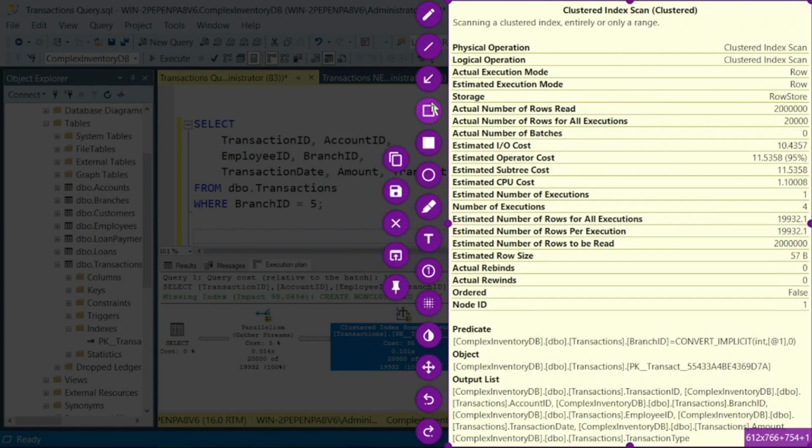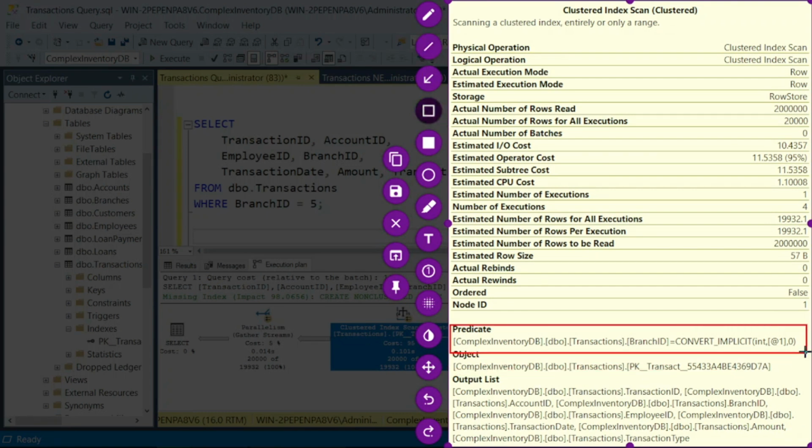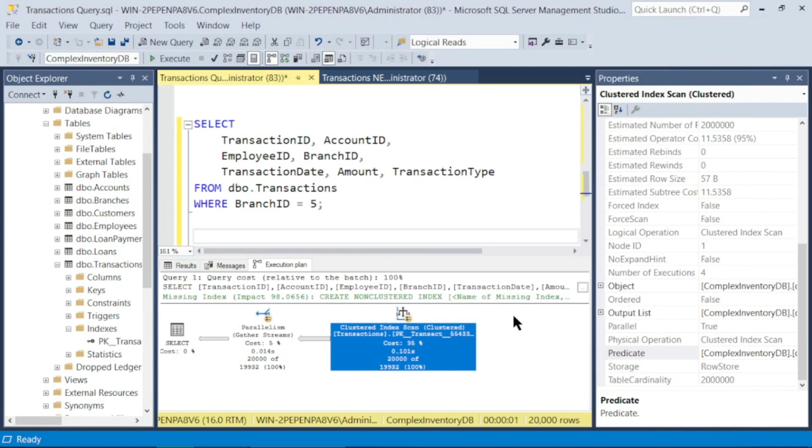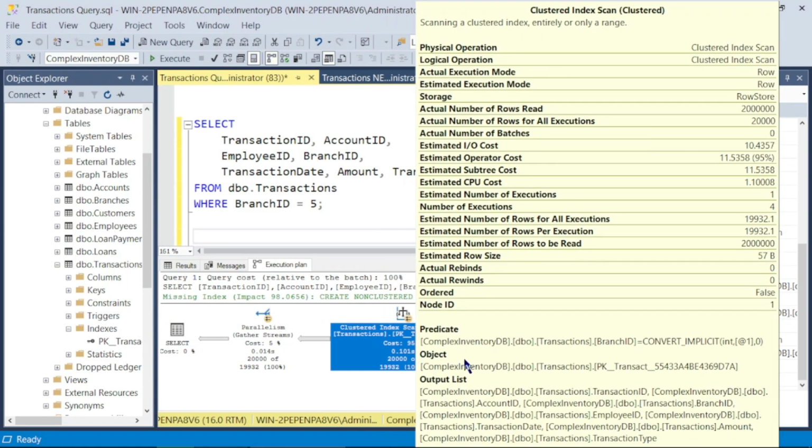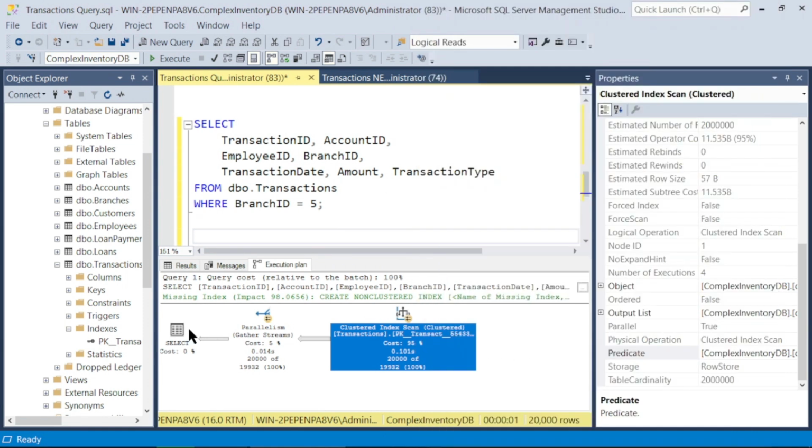In our example, it doesn't, because there's no index starting with branch ID. SQL Server has no shortcut. It has no choice except to scan through the table until it finds every matching row. Whenever you see the predicate, identify the filtering column and ask whether that column is indexed.